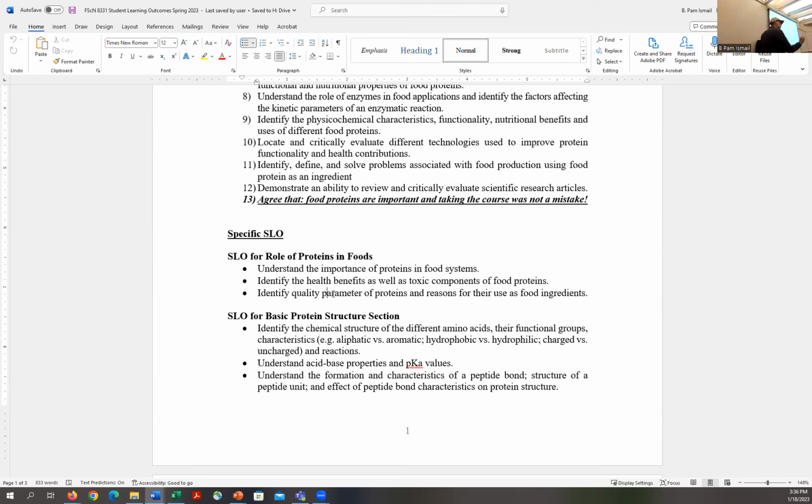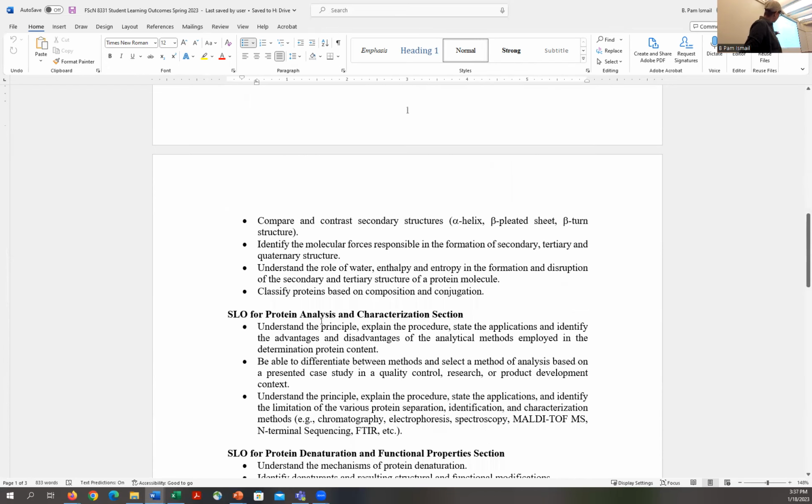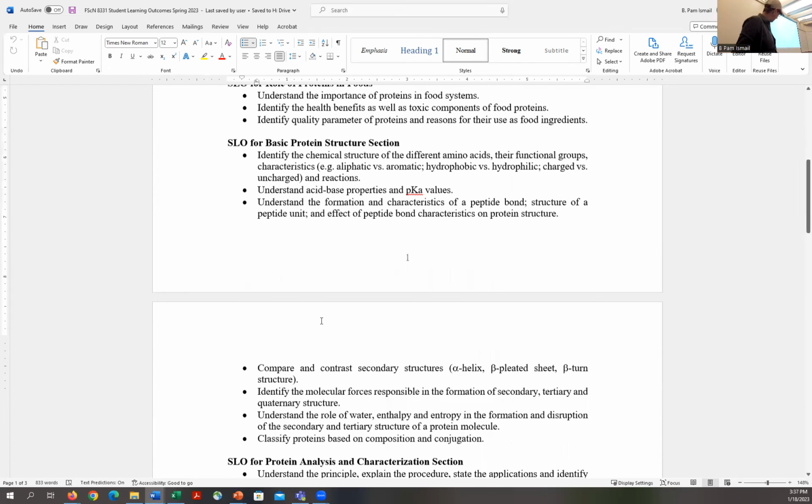If you know your amino groups and you know the R groups, then everything will make sense. That's why I ask you to know them, because it will add to the piece of the puzzle by the end. Okay. So for every topic, you'll have that student learning outcome.